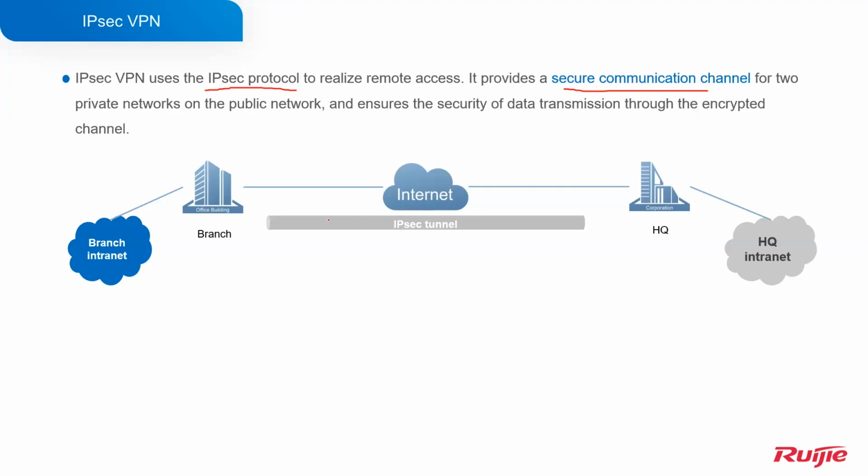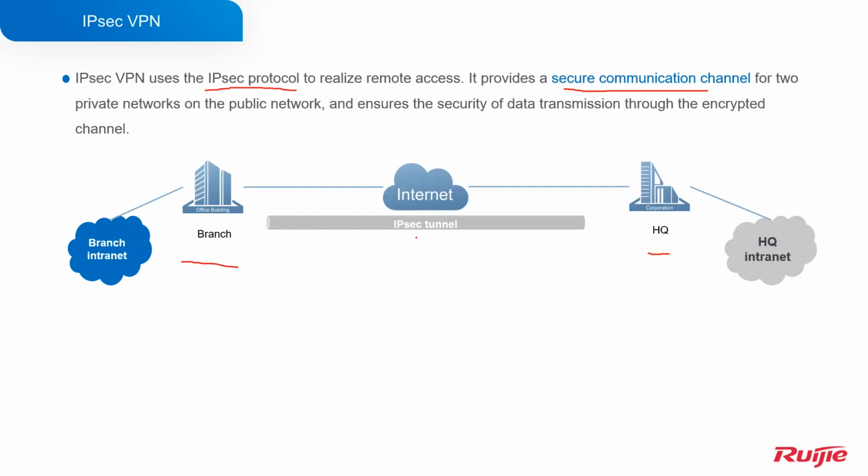Like in this topology, we have one branch and one headquarters, and they each have their own network. Maybe these networks belong to the private network, right? And between them, we have the internet, which is the public network. So between the branch and headquarters, we can establish the IPSec tunnel.